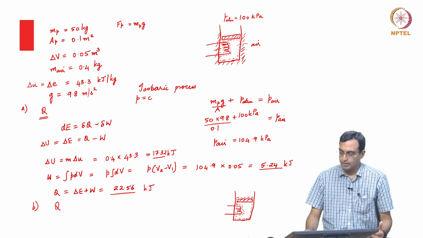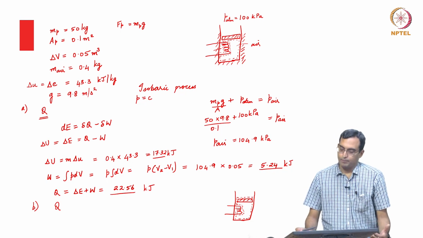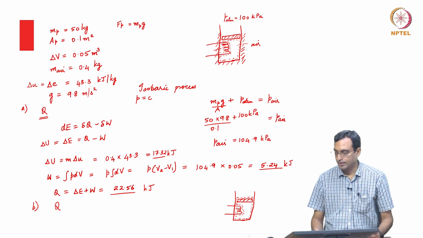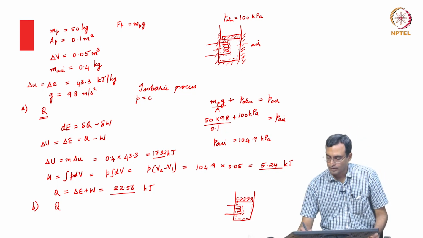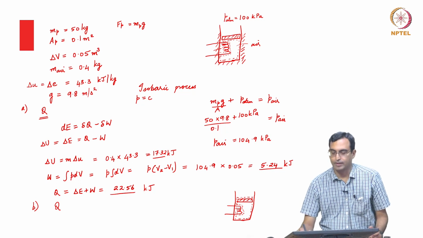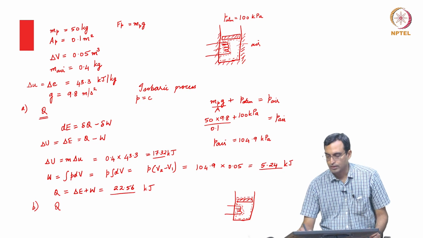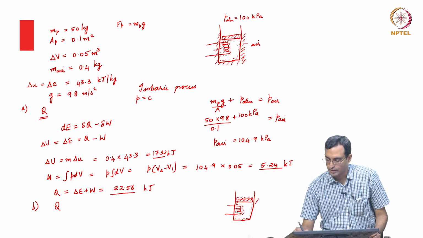We can do this problem and find out its value numerically, but even without doing this, what we can see is this. This is now part of the system, but this is insulated. So there cannot be any heat transfer through this. There is also no heat transfer to the sides because the sides are also insulated.